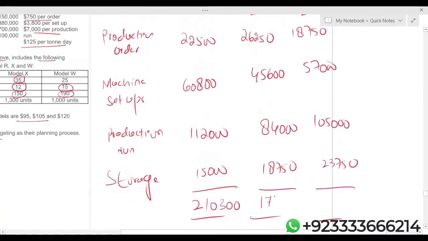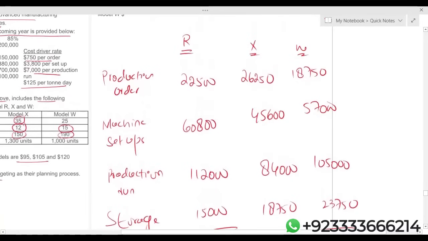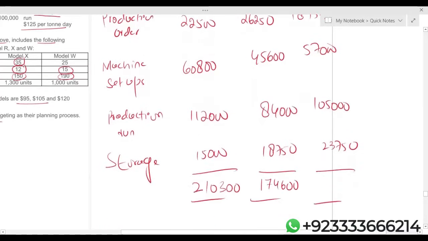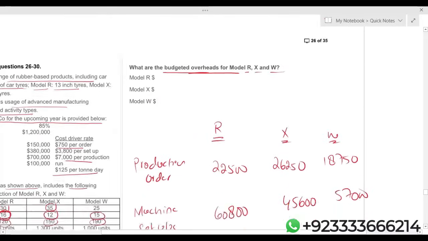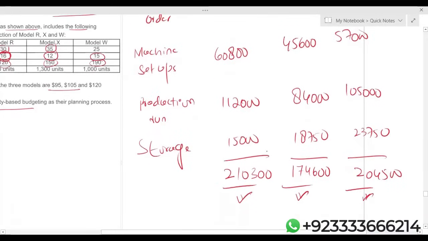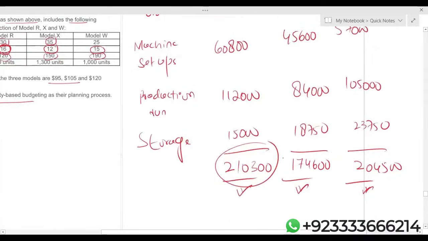I'm getting 1,74,600. Please keep checking it. Then 18,750 plus 57,000 plus 1,05,000 plus 23,750. Students, I'm getting 2,04,500. So these are the answers. This is the answer for R, then we've got X and W.